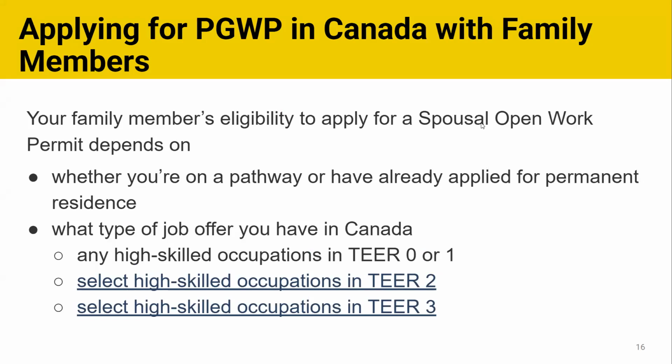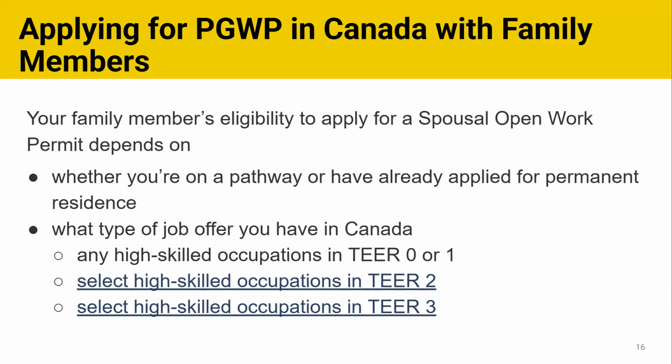So next slide is applying for PGWP in Canada with family members. Your family members' eligibility to apply for a spousal open work permit depends on whether you are on a pathway or have already applied for permanent residence, which means the principal applicant.